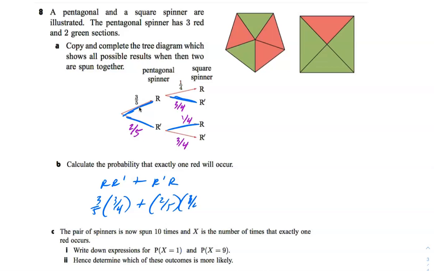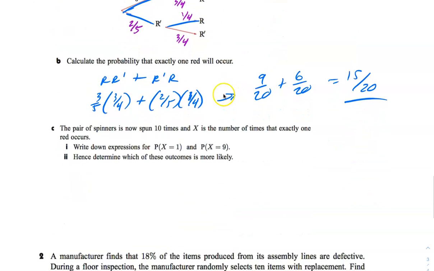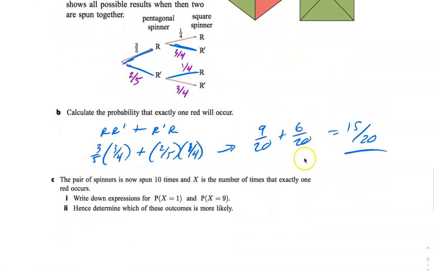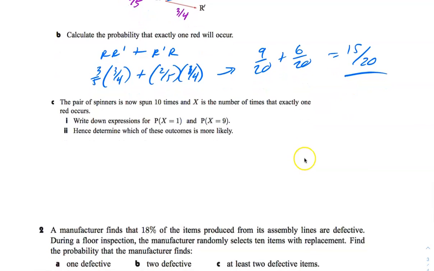So 9 out of 20 plus 6 out of 20, so about 15 out of 20. So the odds of getting exactly 1 red is 15 out of 20. Again, none of that was binomial so far. That's like a review of tree diagrams.